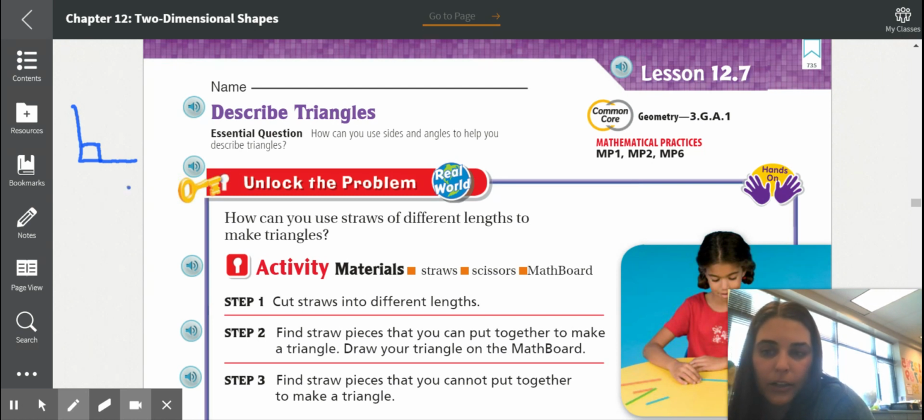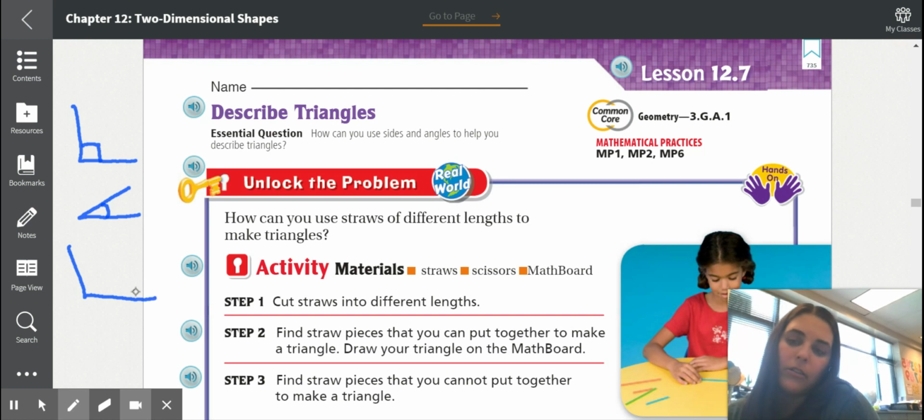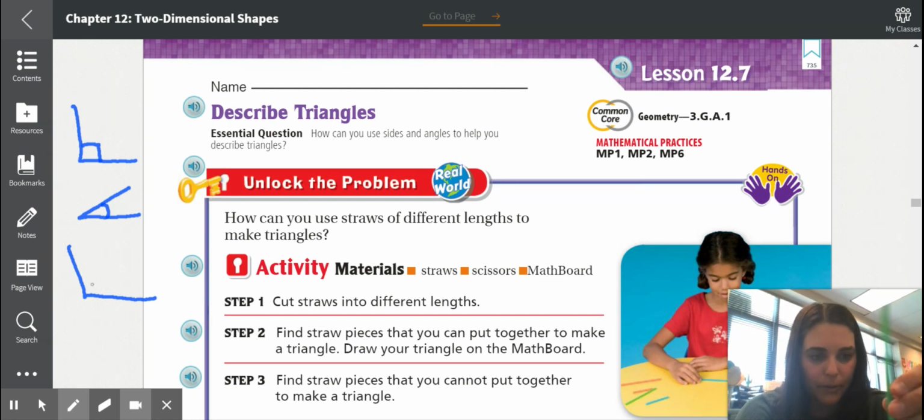Or an angle could be less than a right angle, smaller than a right angle, or an angle greater than a right angle. So if you think about our straw again, this was a right angle, less than a right angle, greater than a right angle. So that's what we're going to be talking about today in our lesson.